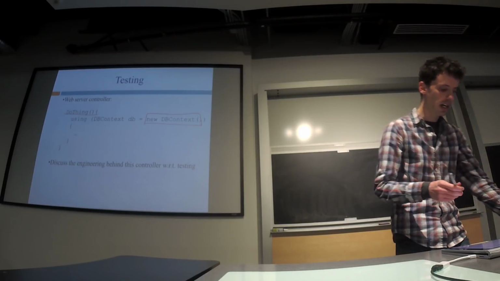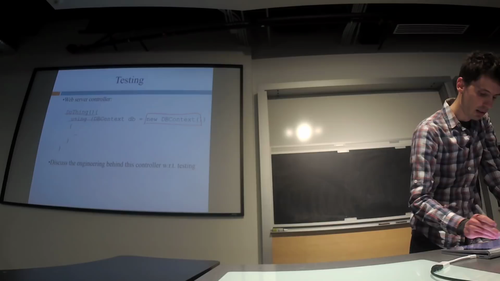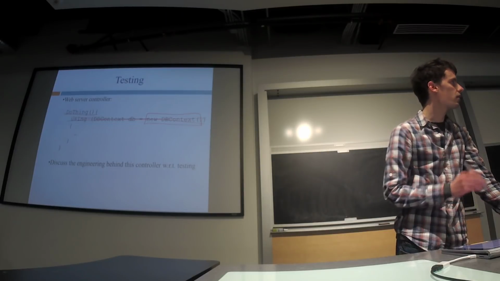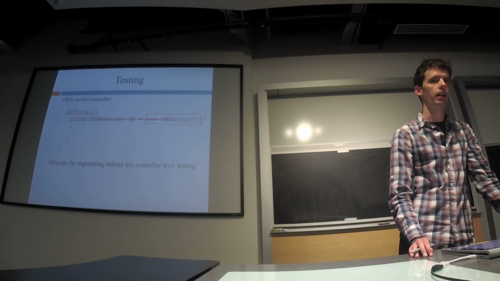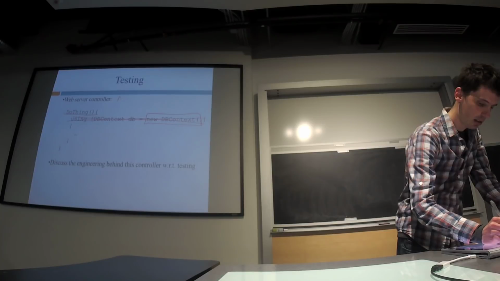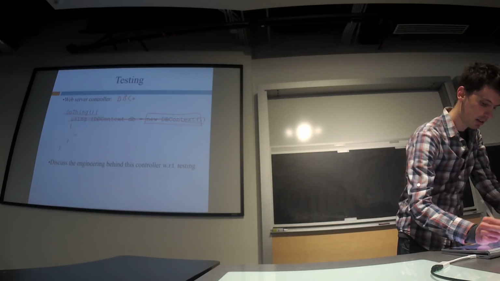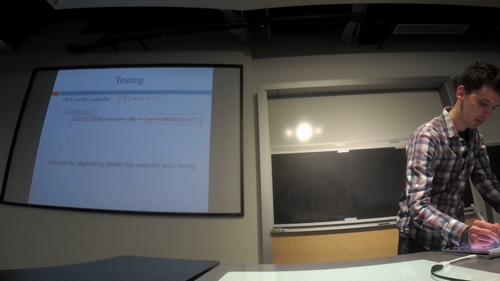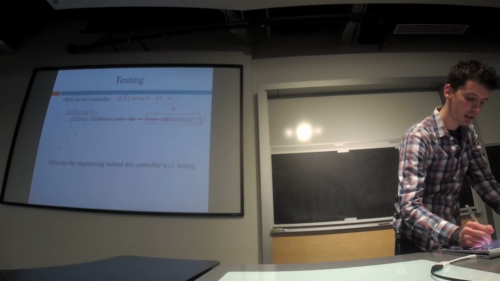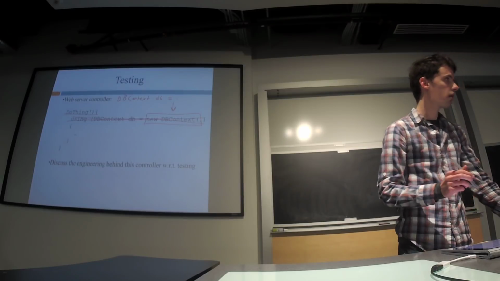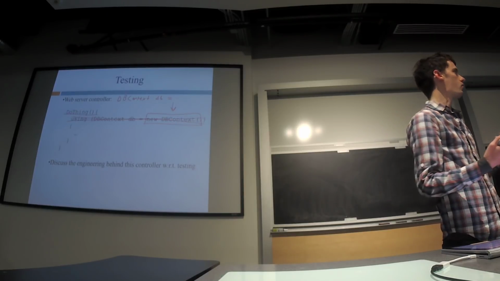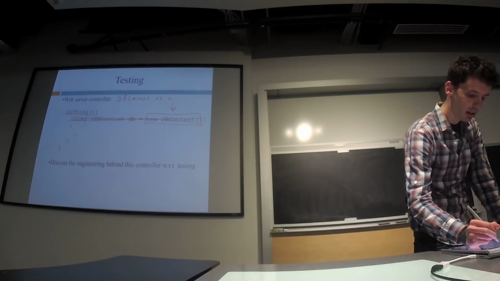So what you would do instead is take out this whole using block, because that's creating a new DB context. And what you do somewhere in this class up above is you make a class-wide DB context, which by default can be new DB context, but you would provide another method or constructor or something that lets you change the value of this variable.